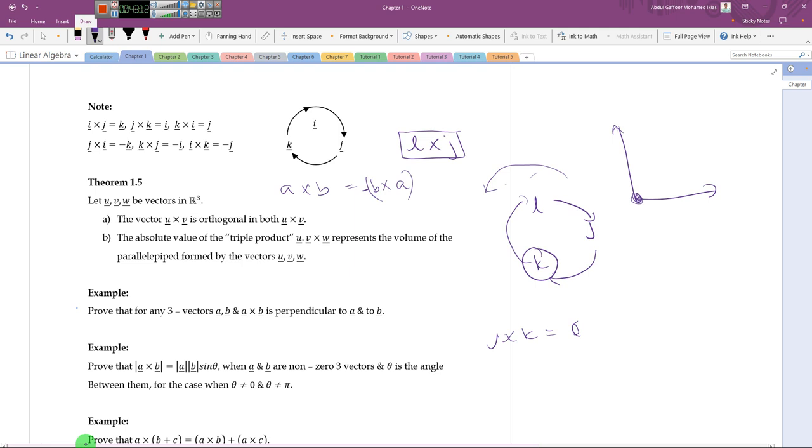And let's say the angle between the vectors is theta, which means we have u and v like this. Let's say this is u and this is v. Then any vector u can be expressed uniquely.